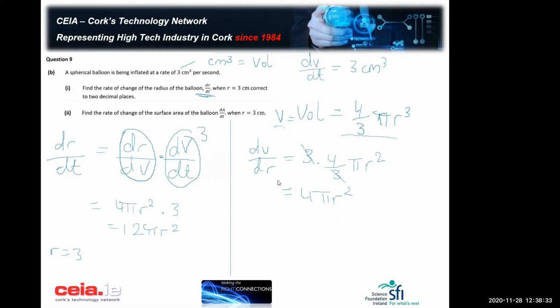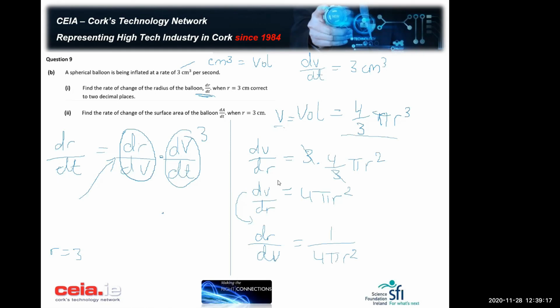So let me check. But this one here is dV/dr. What we're looking for up here is dr/dV. You've got to invert it. So twist it around, get dr/dV is equal to 1 over 4 pi r squared. You can flip it upside down to get dr/dV.